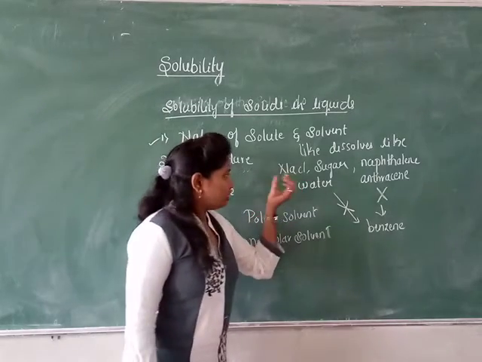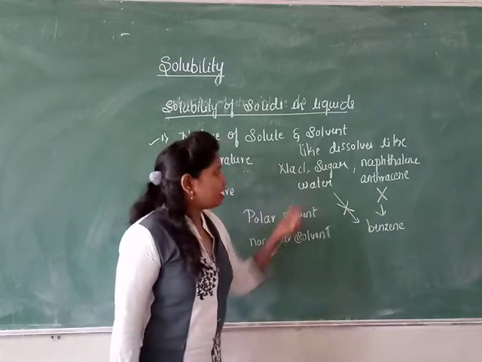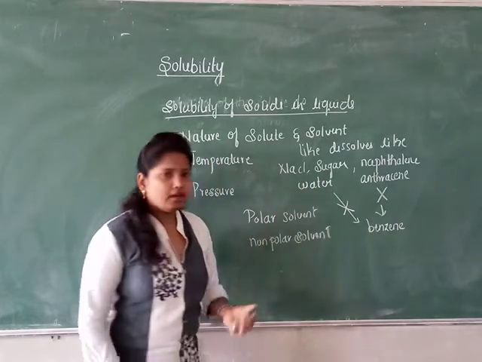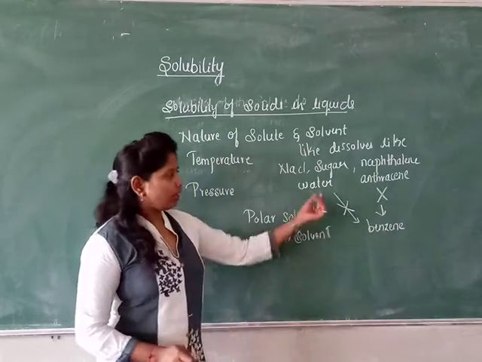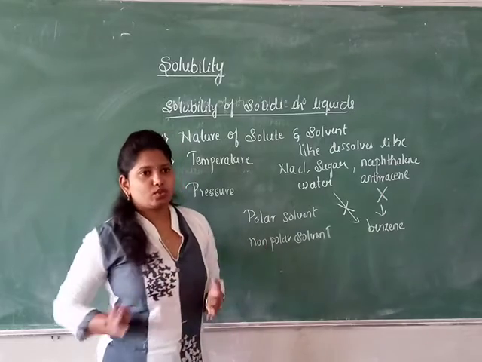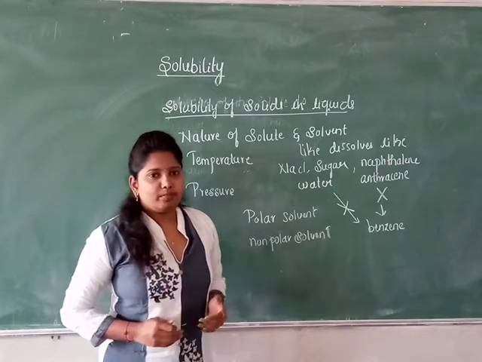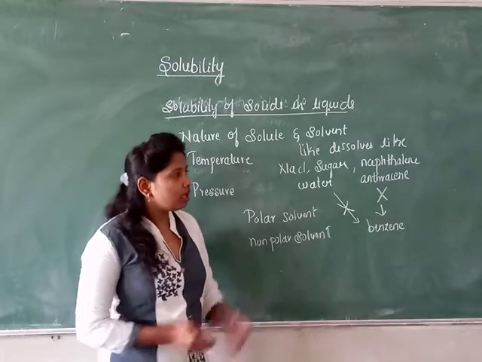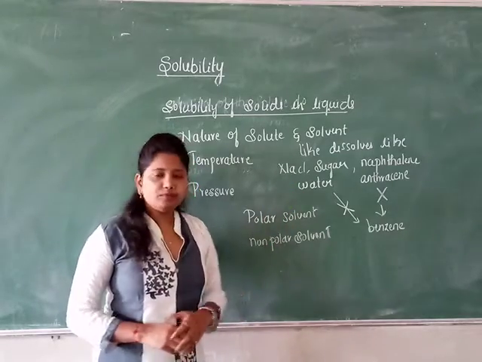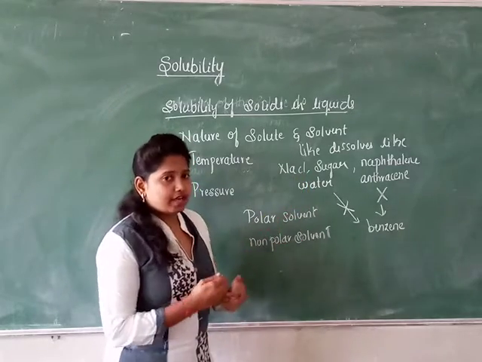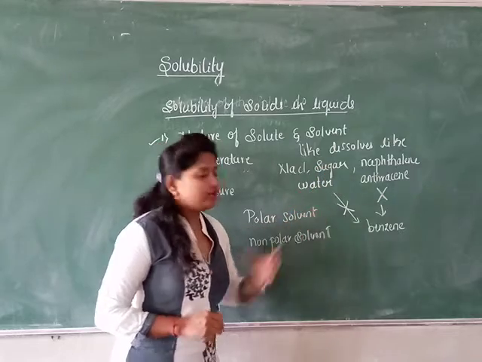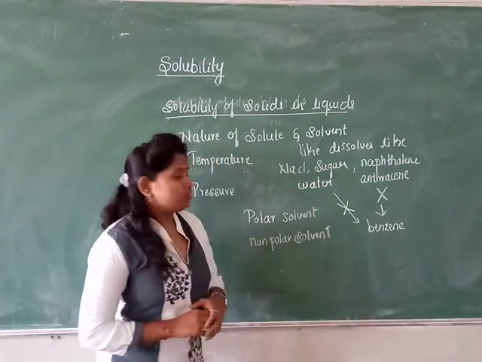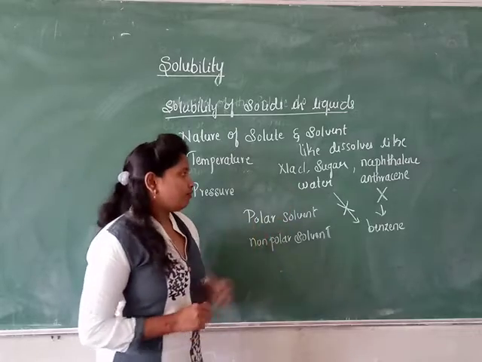The chemical properties of sodium chloride, sugar and water are similar. Sodium chloride and sugar are polar solutes, whereas water, H2O, has a partial positive charge and a partial negative charge. Water is a polar solvent. Therefore the intermolecular interactions of sodium chloride, sugar and water are quite similar, so dissolution is very easy in water.